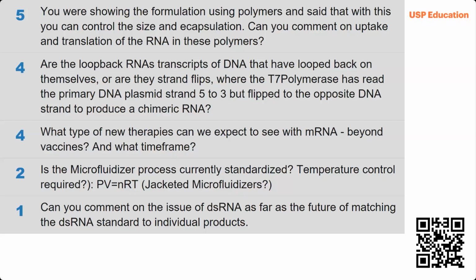Controlling the size and encapsulation has a direct bearing on how much RNA gets released over time. Some of these polymeric particles are also autocatalytically degraded, so they degrade at a pretty predictable rate. If you can control the size and you know the degradation rate, then the release of the RNA is pretty consistent over time.